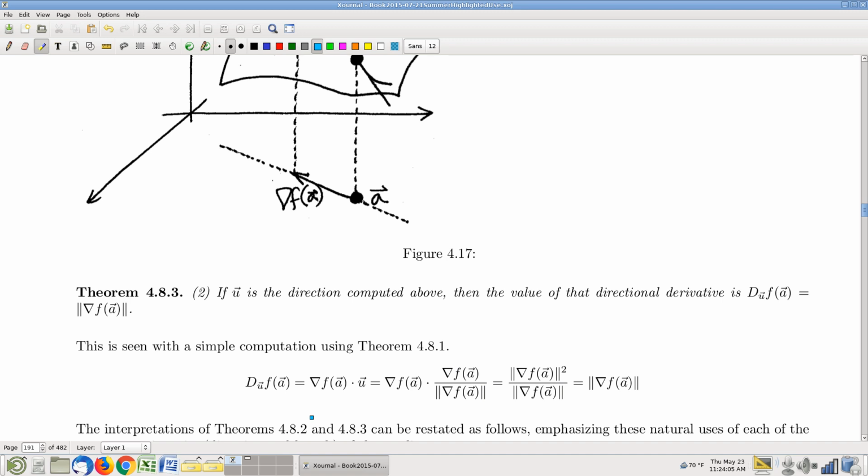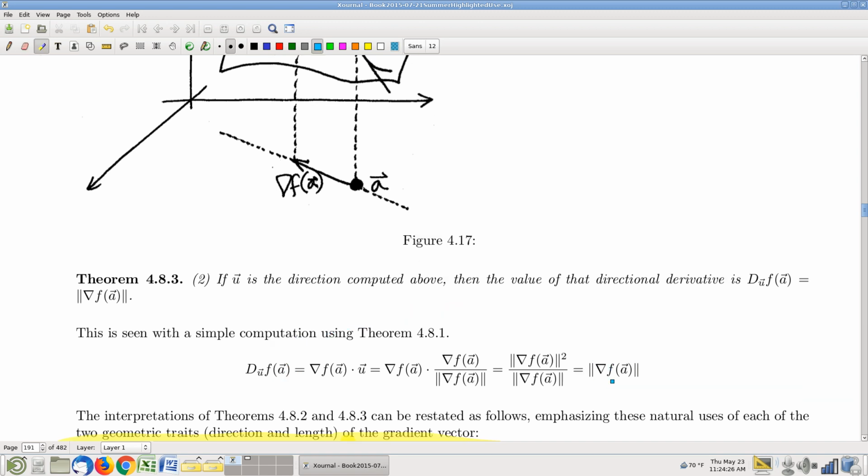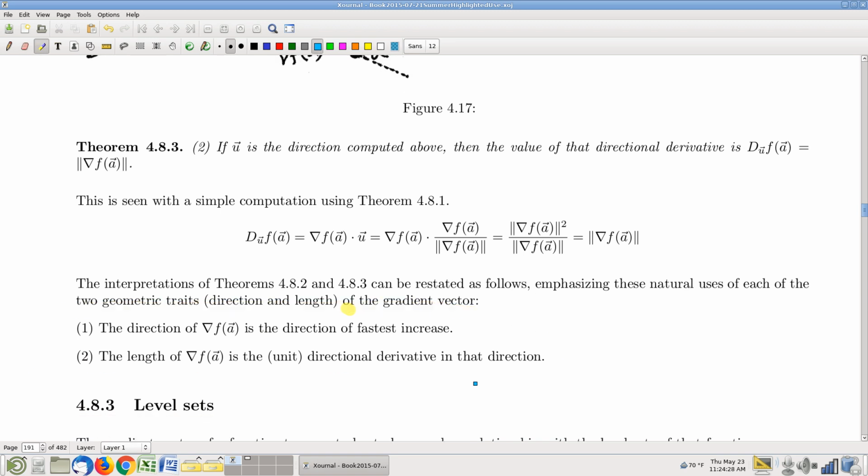Altogether, then, I have magnitude squared divided by magnitude, which is magnitude. So the rate of change with respect to distance, df ds, some people like to write it like that, in the optimal direction is the magnitude of the gradient vector.